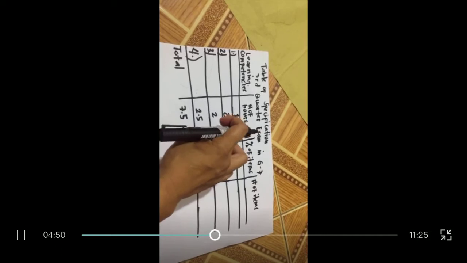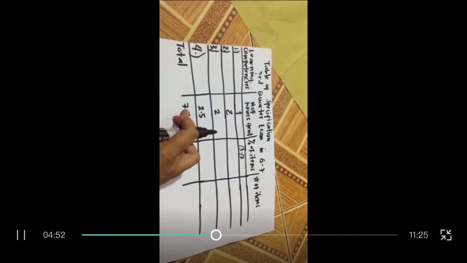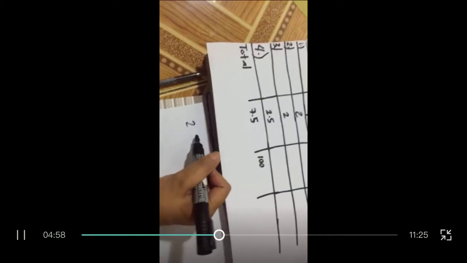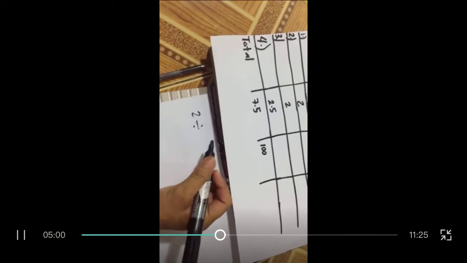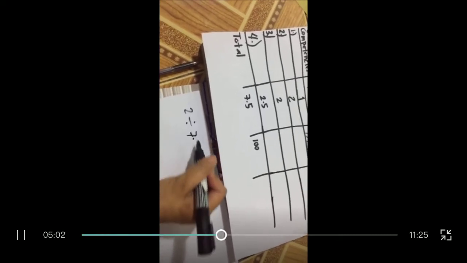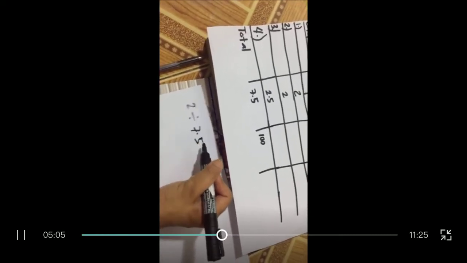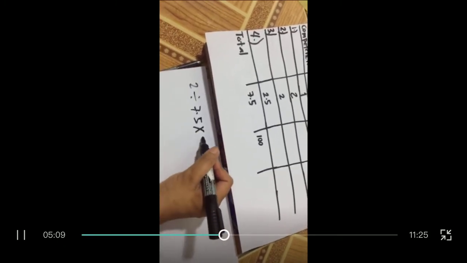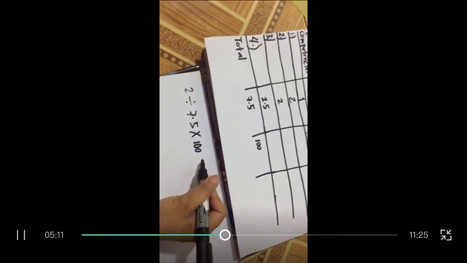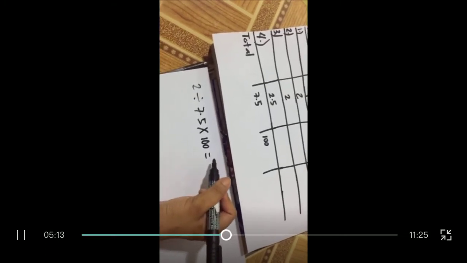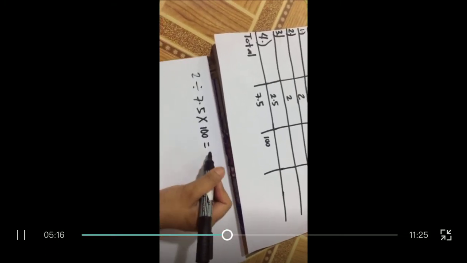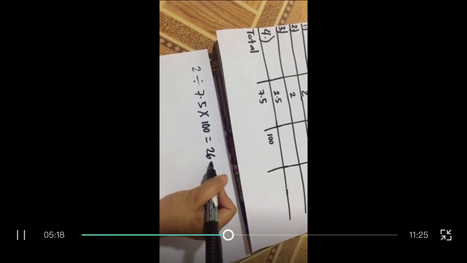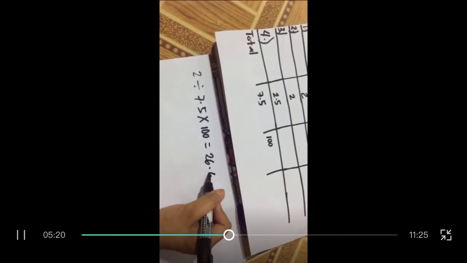So 2 divided by 7.5 times 100 equals 26.67.